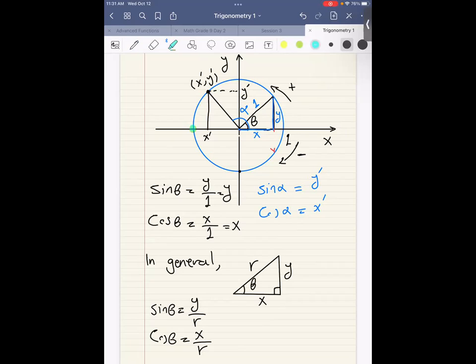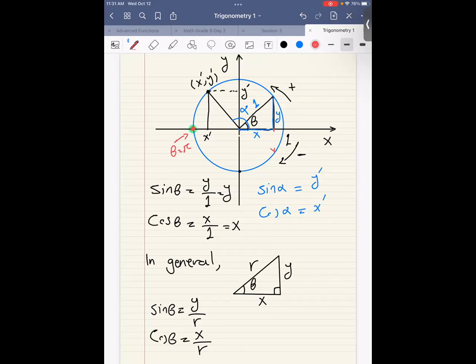At this point, look at the red point. What is the y component of this point? This is theta equal to pi. What is the y component?